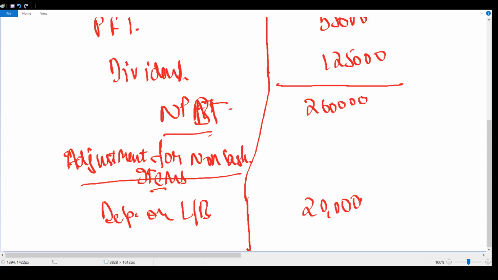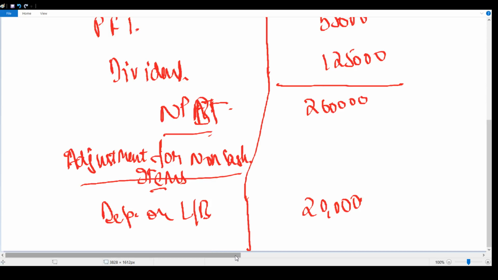Now, as the fifth point, the company sold some investment at a profit of rupees 10,000, which was credited to capital reserve. We will ignore this point in this adjustment, because it has already been adjusted in capital reserve.